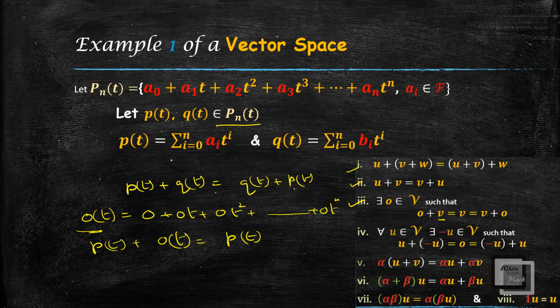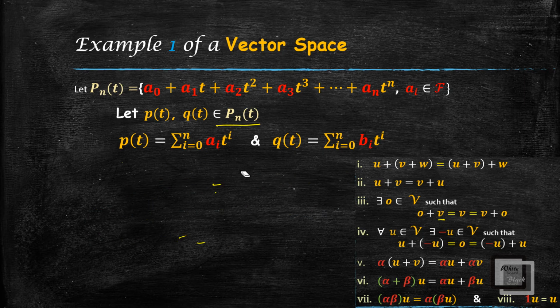So there exists a zero vector. Fourth property is existence of the inverse. So the inverse for pt will be minus pt, that is, minus summation i equals 0 to n of ai t raised to power i.